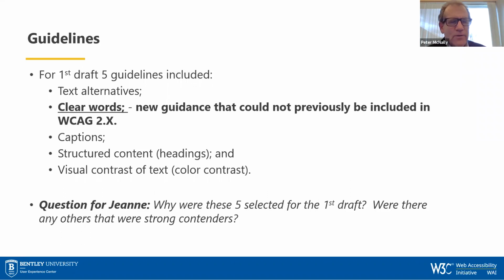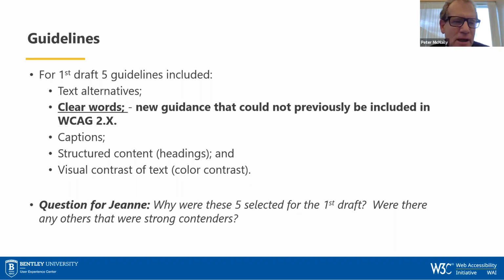So I want to go over some of the guidelines now. As we said, this is a first draft of WCAG 3.0. And in the first draft, they've included only 5 guidelines, because, and Jeanne, you can talk about this when we get to the question, my assumption is they want to almost prototype it and see how it goes with some strategic guidelines.